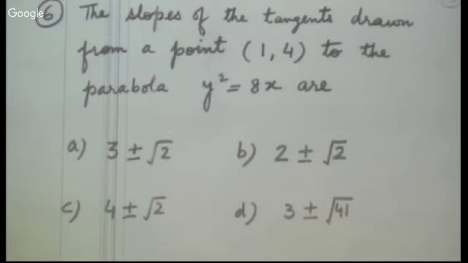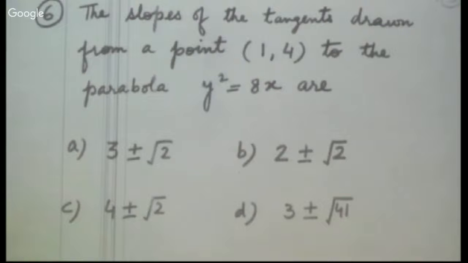Now how will you find the slope of the tangents? You cannot use the formula y1 y dash is equal to 4 into x plus x dash. We cannot use that formula because it is only applicable if the point is on the parabola. If any one of you is using that formula and then finding the slope, that is not correct, because here the point 1,4 is not on the parabola.